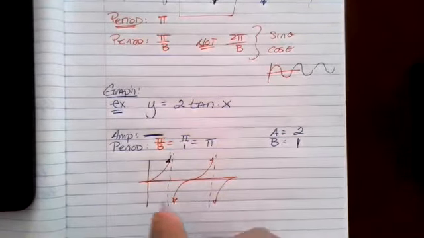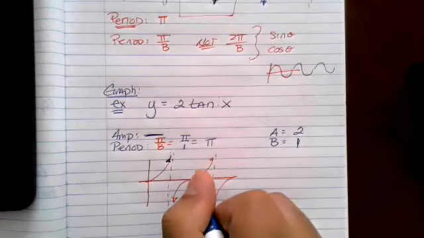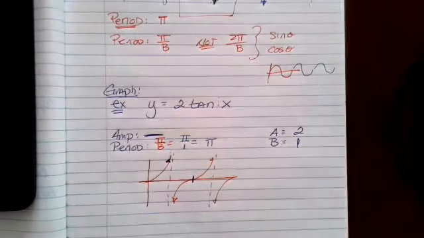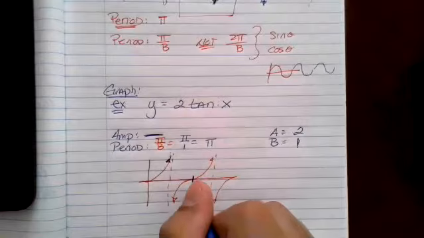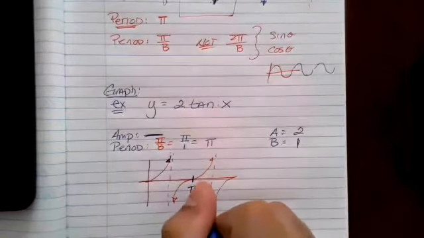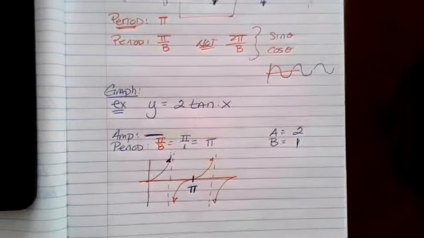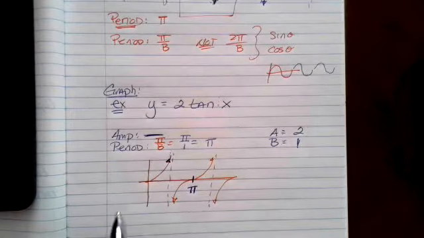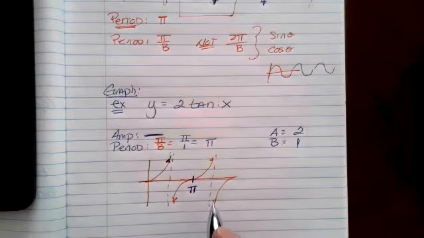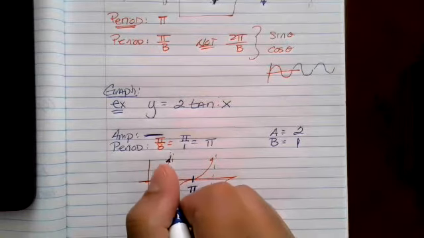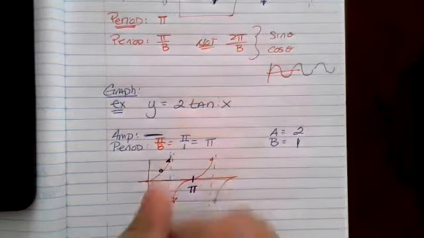So my period is here, right? That's the end of one cycle. So this will be pi. So I'm going to label that pi. And then how is this 2 going to affect things? Well, we want to find a point. We want to find what this point is.